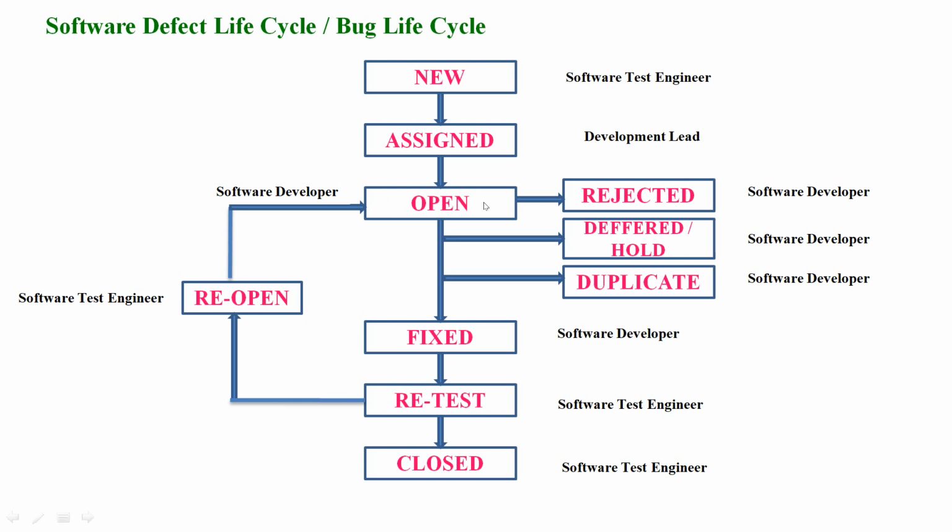Now, see, again come back to open. Once the concerned development lead assigns the defect to the concerned software developer, the concerned software developer will open the defect, assigning the status as open, and now he will go through the defect description. Why has this defect come?